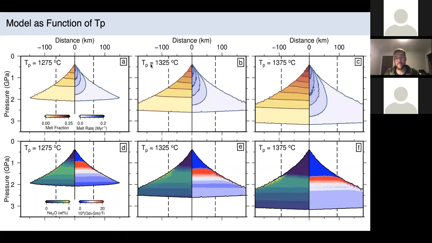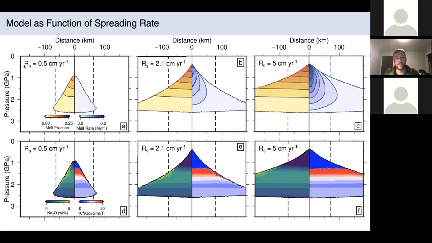As we increase temperature within our model, our mid-ocean ridge melting region increases in size. And as we increase our spreading rate, again, our mid-ocean ridge melting region increases in size. And this has a strong effect on the chemistry that we see at the ridge axis.